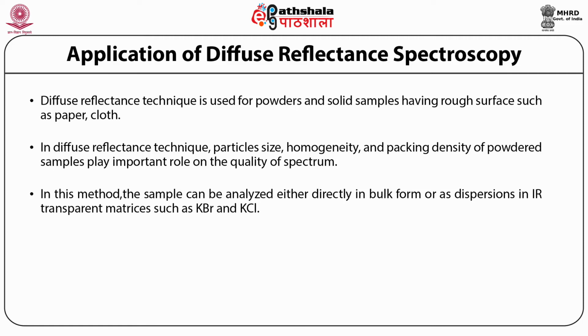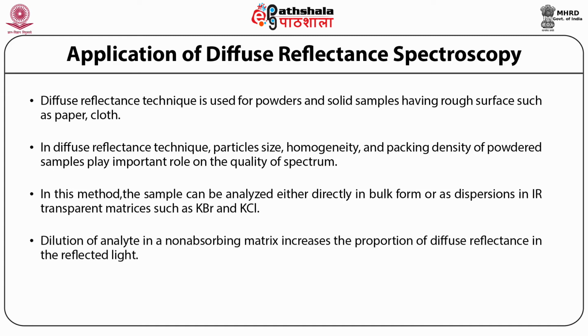Sometimes a thin film of KBr powder is placed on the sample surface to improve the quality of the spectrum. Dilution of the analyte in a non-absorbing matrix increases the proportion of diffuse reflectance in the reflected light.